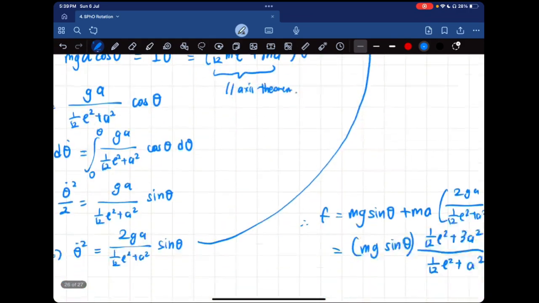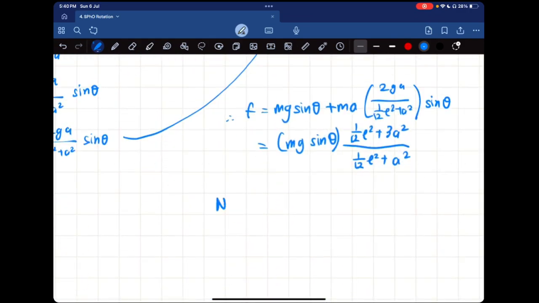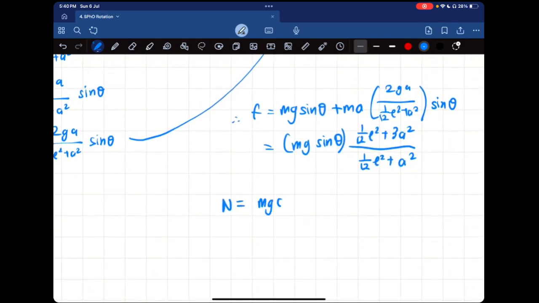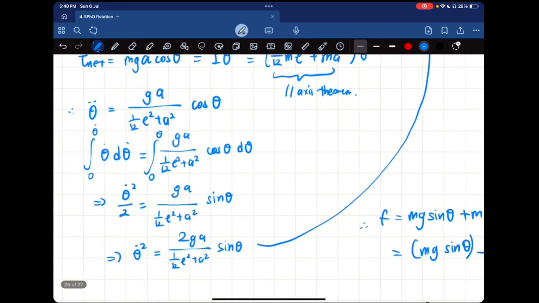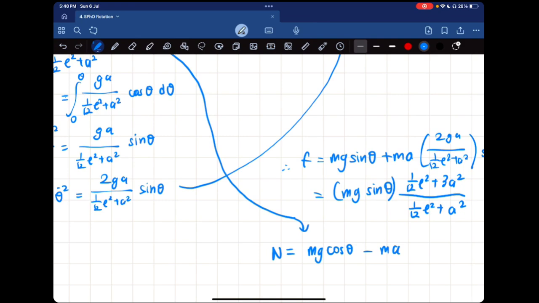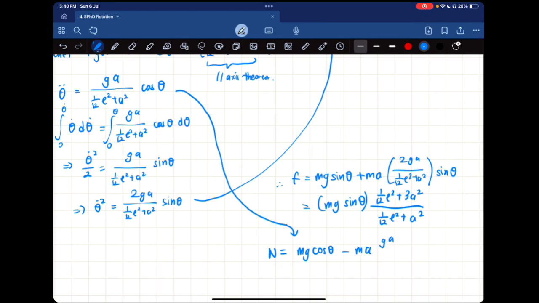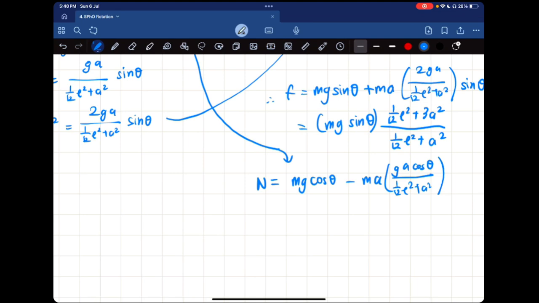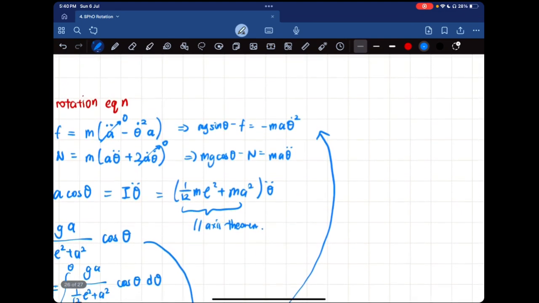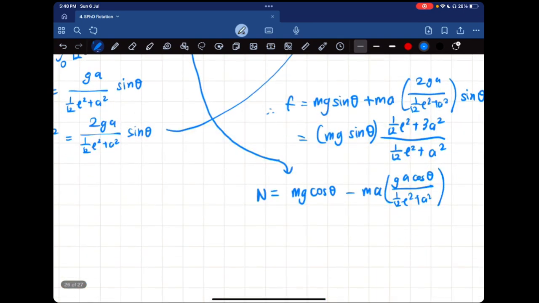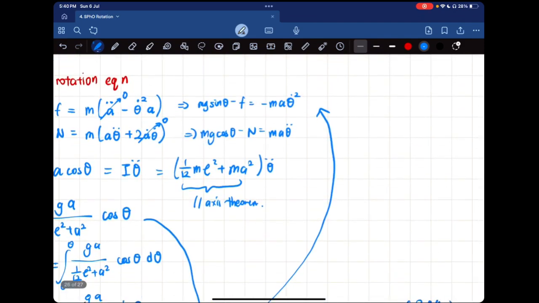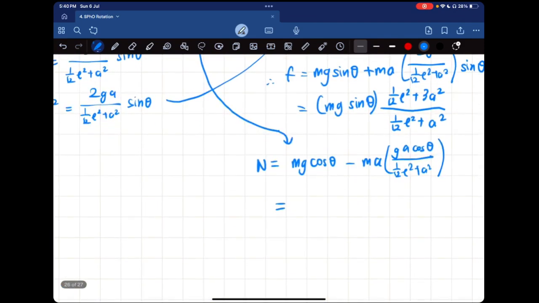That's your friction. Then your normal force here is just given by mg cosine theta minus ma theta double dot, but your theta double dot is given by this, which allows us to write mg cosine theta (1/12 L² plus a²). This should give you this.